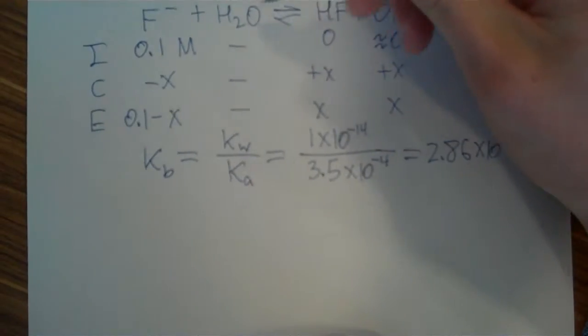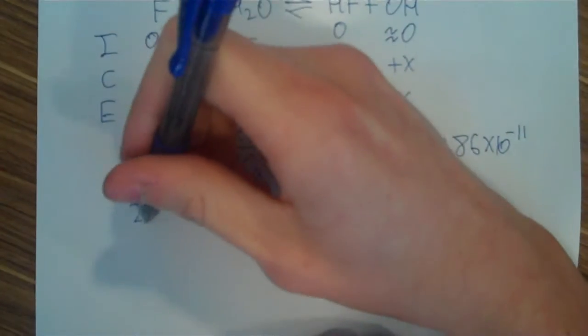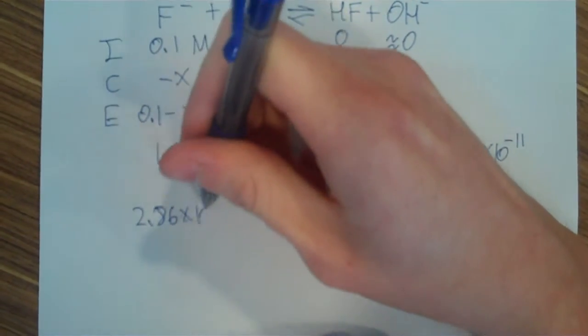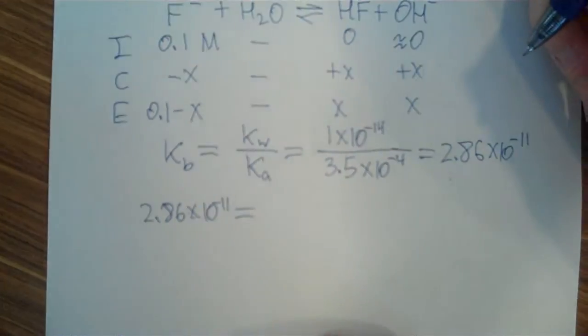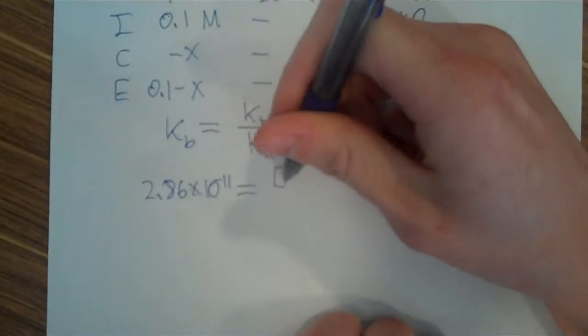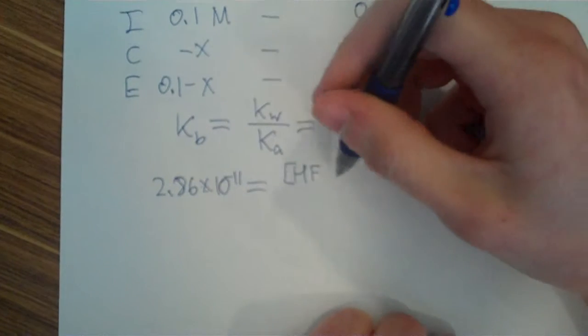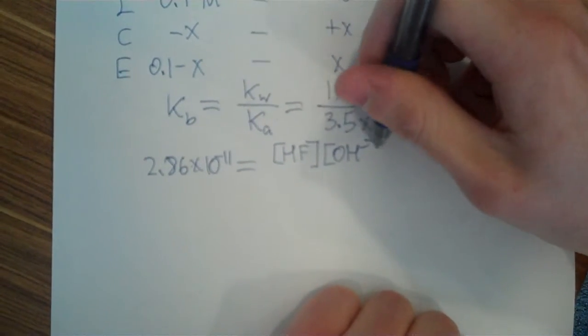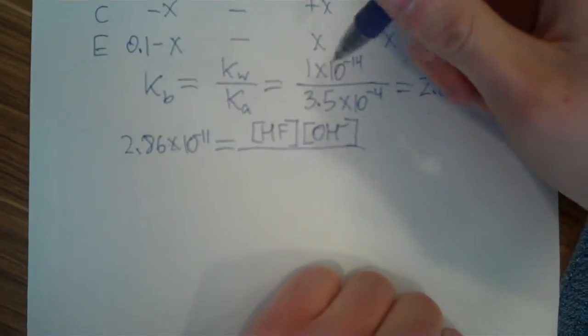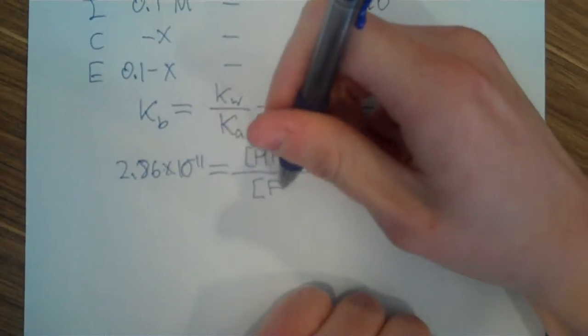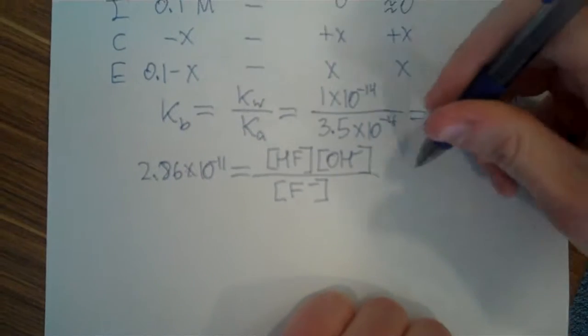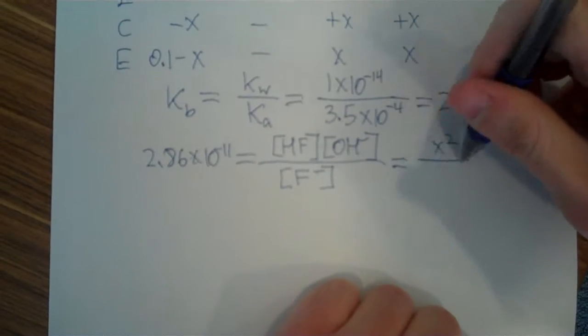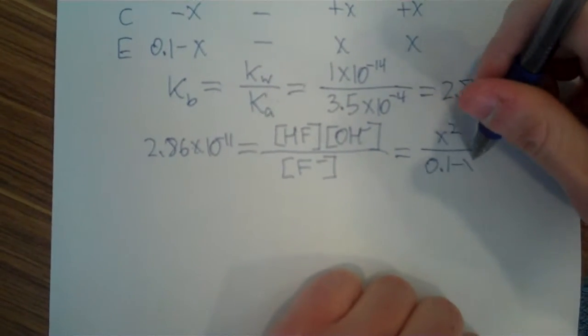So based on our reaction from here, we know that our Kb value, 2.86 times 10 to the minus 11, will be equal to the concentration of the products over the concentrations of the reactants. This will give us x squared over 0.1 minus x.